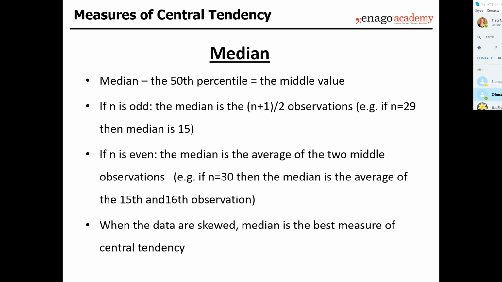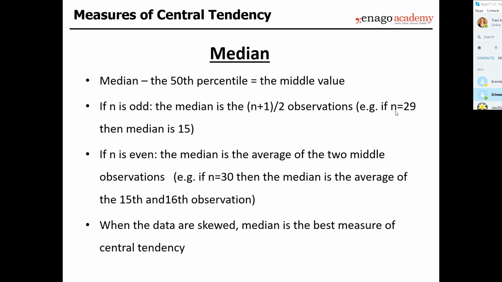Median, a little different. Median is the 50th percentile. It's the middle value. So it may not be the mean, but it's the middle. If N, the sample size, is odd, the median is then calculated as N plus 1 divided by 2.